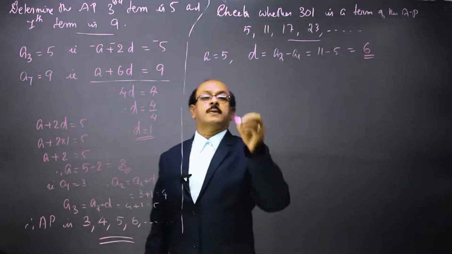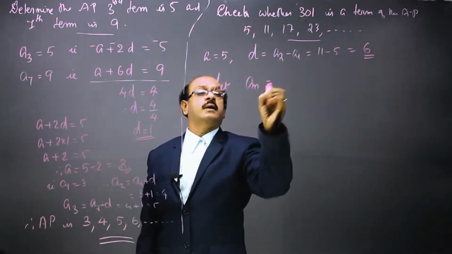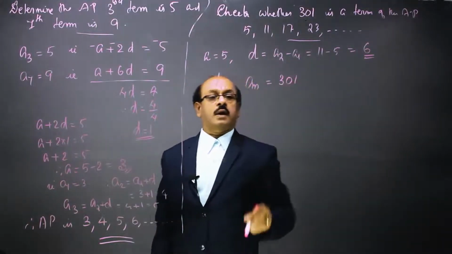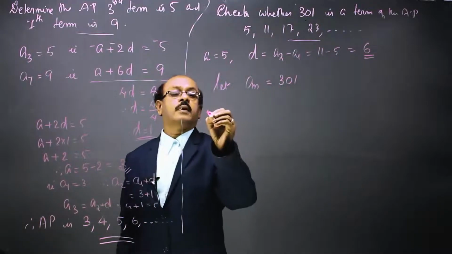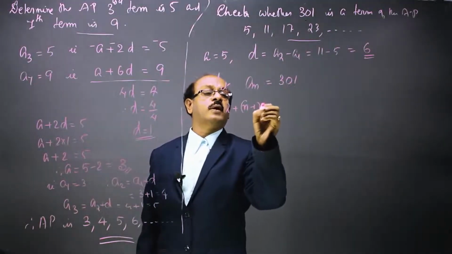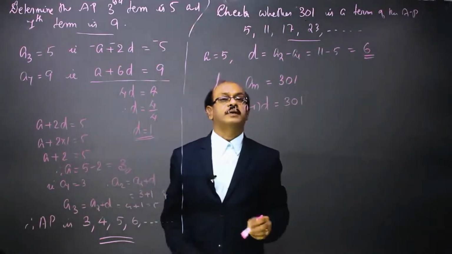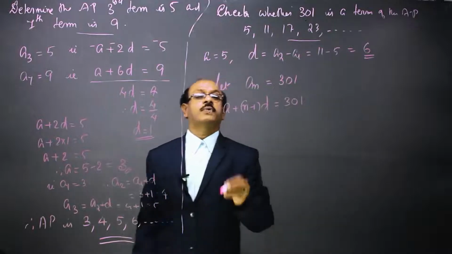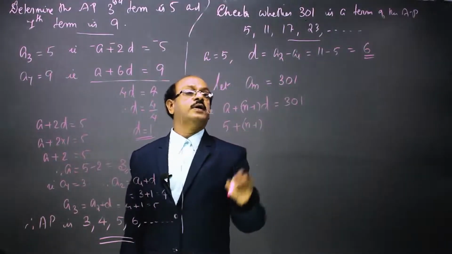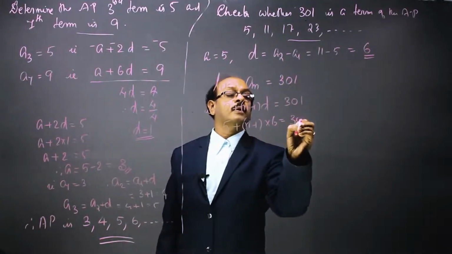Now, we are assuming the nth term is equal to 301. An is equal to 301. That means the formula of An is equal to A plus n minus 1 into D is equal to 301. Substituting the value of A and D, the value of A is 5: 5 plus n minus 1 into common difference D, which is 6, is equal to 301.